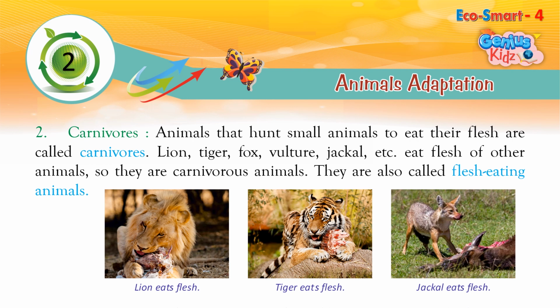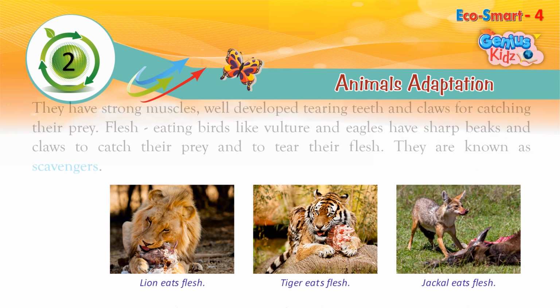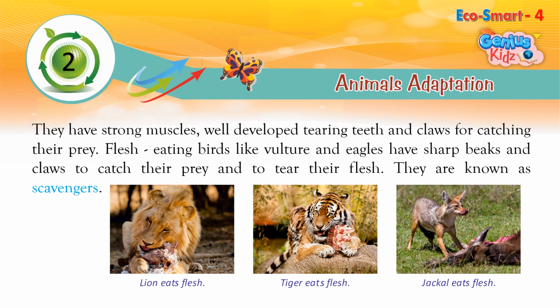Lion, tiger, fox, vulture, jackal, etc. eat flesh of other animals, so they are carnivorous animals. They are also called flesh-eating animals. They have strong muscles, well-developed tearing teeth and claws for catching their prey. Flesh-eating birds like vultures and eagles have sharp beaks and claws to catch their prey and to tear their flesh. They are known as scavengers.